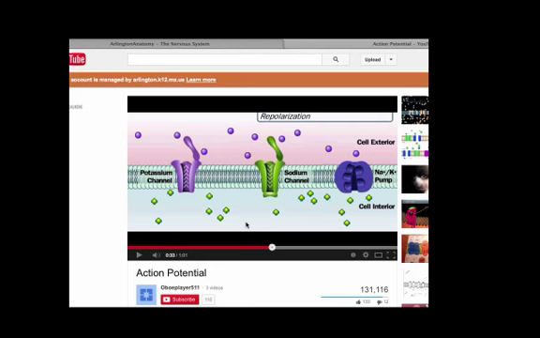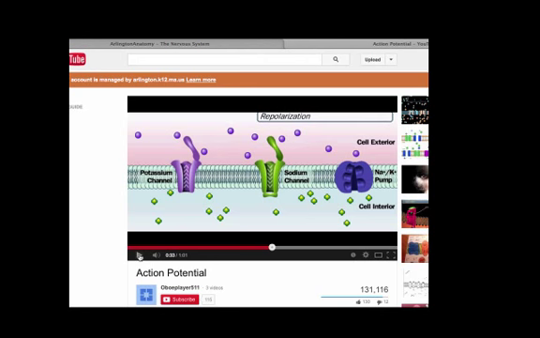Now the process isn't entirely finished because if you notice, where the ions are is not where they started out. So a resting neuron needs to have potassium inside the cell, sodium outside the cell.